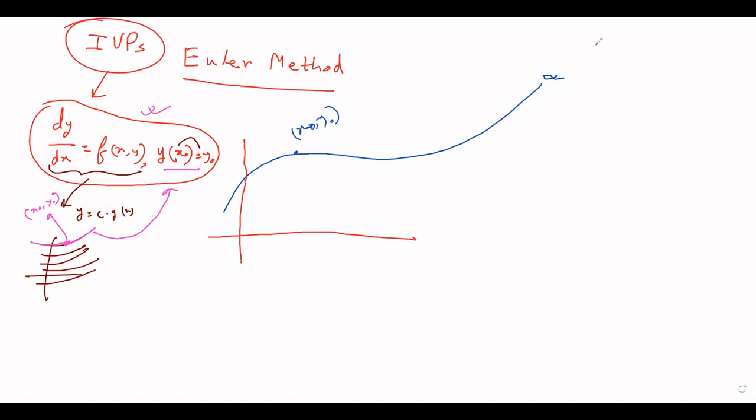So what we do is try to manage some points, in most cases at regular intervals, on the curve, so that we can at least find a set of points. For example, say this is x naught and the next point is x1.